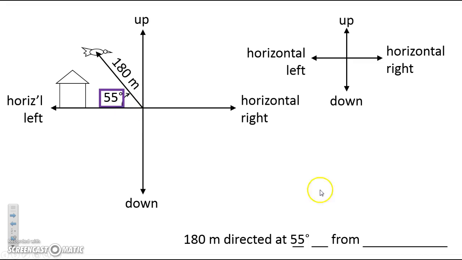And then, in the third blank, we are measuring from horizontal left, so we put horizontal left. In the middle blank, have we gone up from horizontal left or down to get to the vector? Well, to get to the vector, we start at horizontal left, and then we go up. So we put up from horizontal left, or you could say up of horizontal left. So there's our process using different directions: up, down, horizontal right, horizontal left.